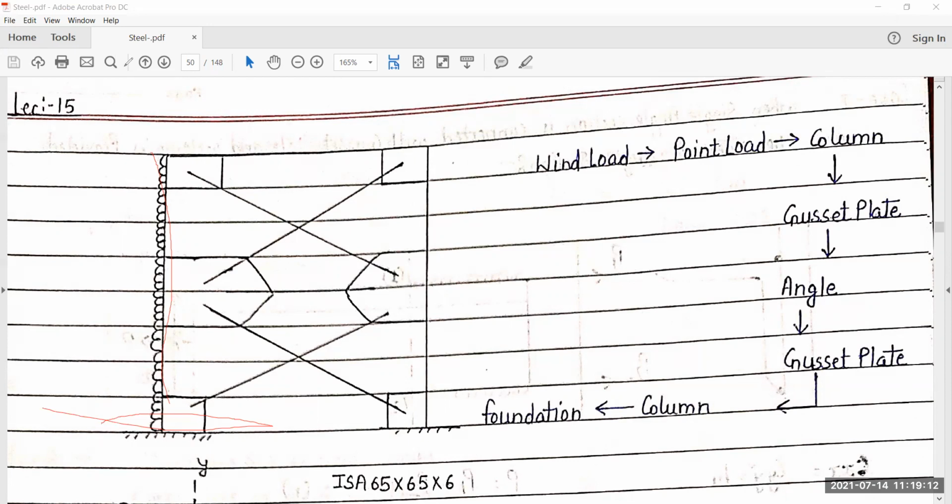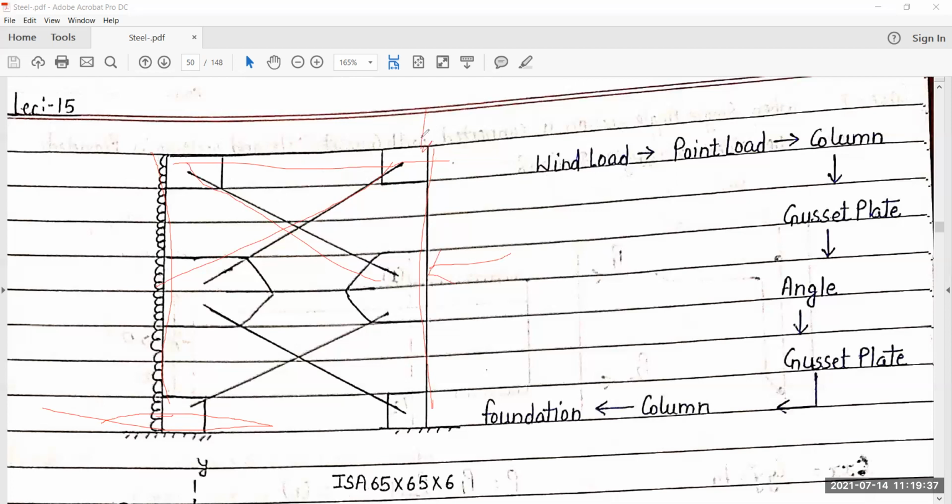Suppose this is the foundation, and this is the column, and the beam. Then suppose the main load is here. This is the point load.